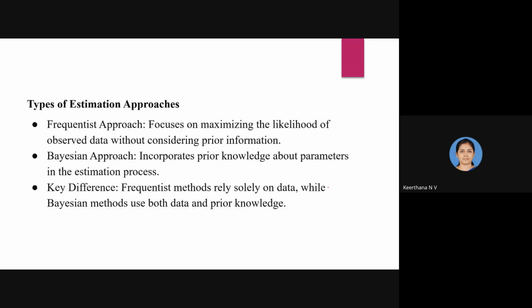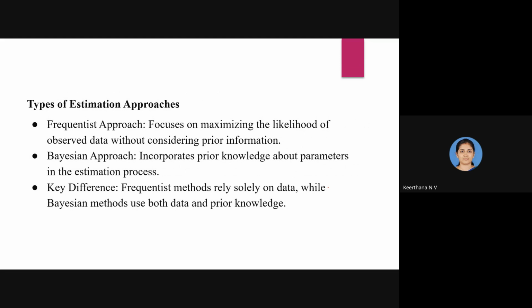So what are the types of estimation approaches? The first one is the frequentist approach and the second one is the Bayesian approach. You have to think about whether to go for frequentist or Bayesian.